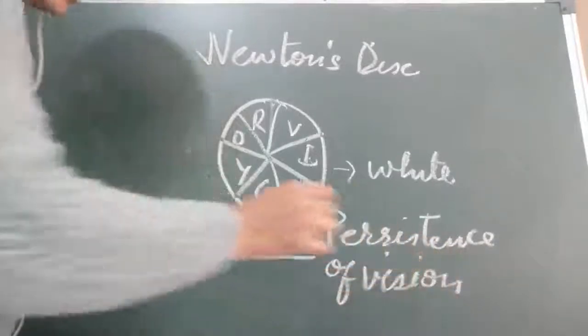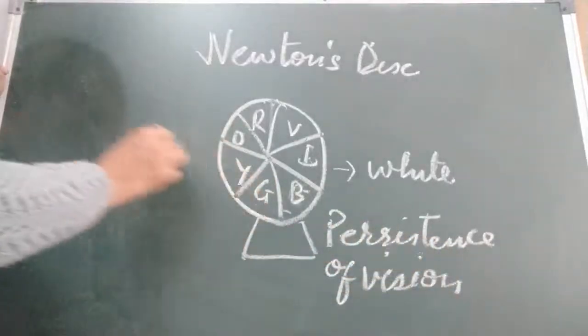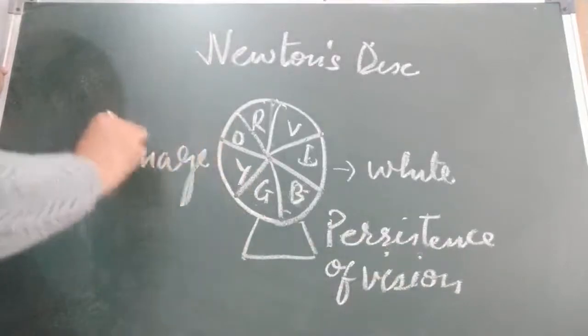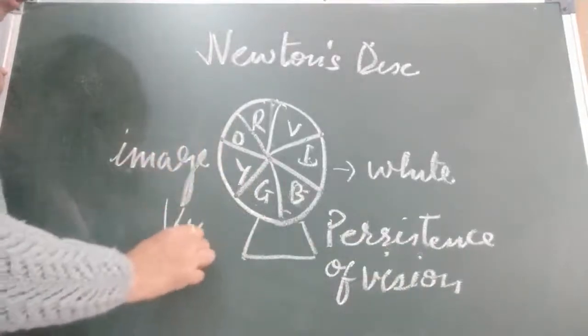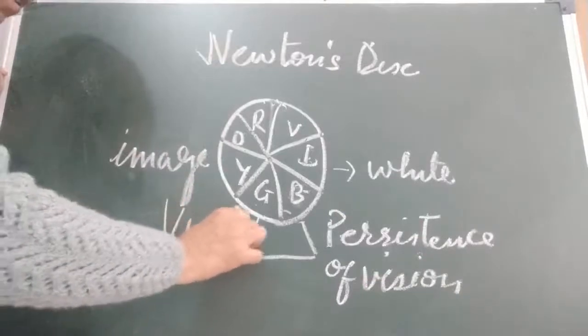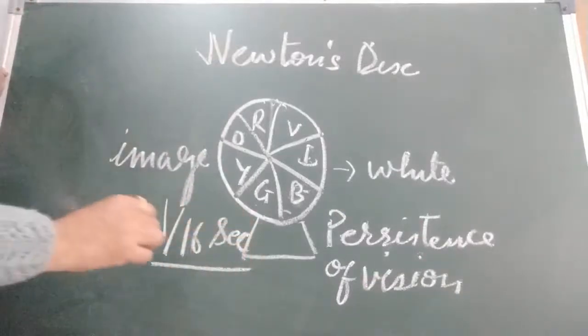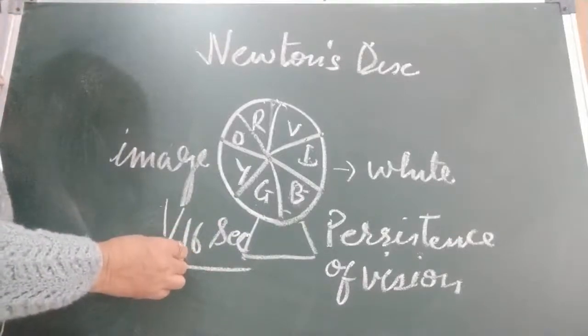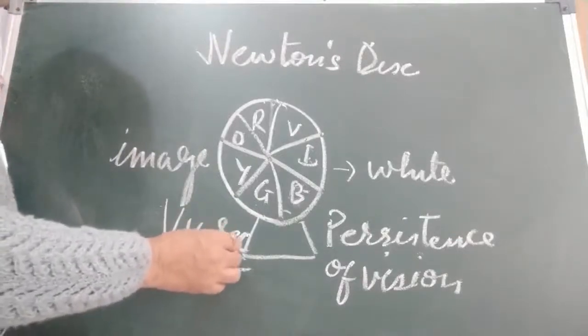What is this property of our eyes, children? On our retina, any image stays there for 1/16th of a second. But what happened? One image is still there.